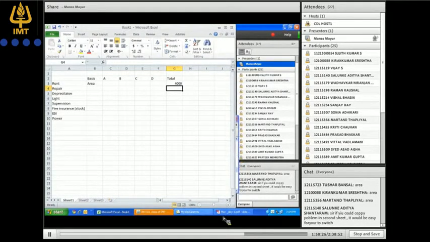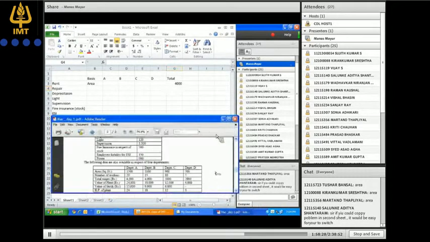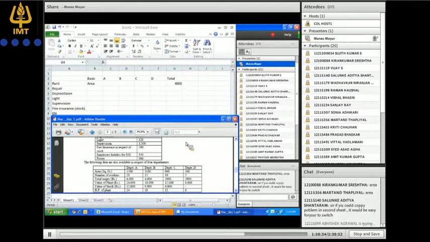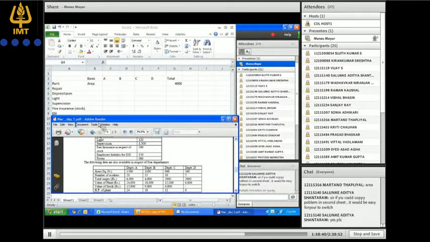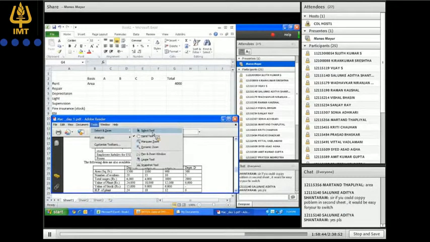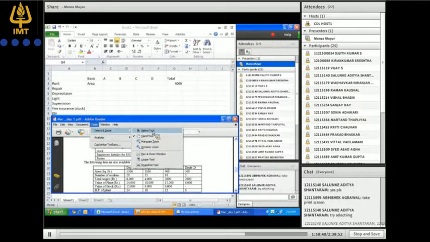Shall I copy this? I don't know. This is an Adobe PDF format, so I don't know how to copy this problem here on the Excel sheet. Just let me try if it can be. Try selecting.